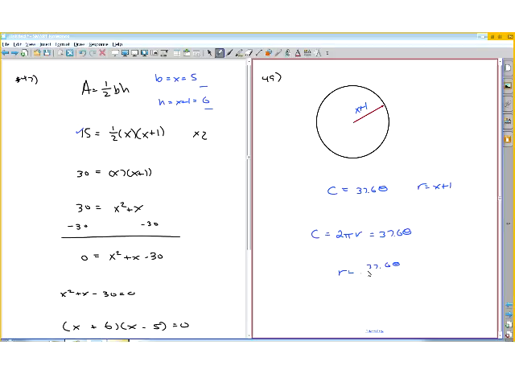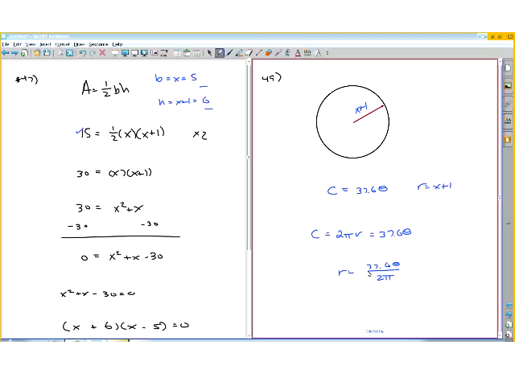So it's 37.68 divided by 2 pi. And pi is about 3, so 2 times 3 is about 6. It's going to be around 6 is the answer. It'll probably be exactly 6. That's why they give us that 37.68. So divided by 2, divided by pi.